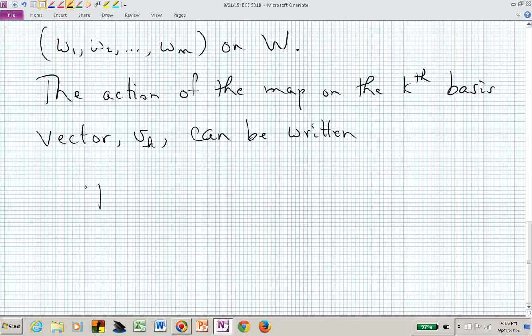By that I mean we have T operating on v sub k is now a sub 1,k w1 plus a sub 2,k w2, on up to a sub m,k w sub m. So I'm double subscripting. I shouldn't have used k. I can't do lowercase k's very well. Maybe I should have used an L, but those are supposed to be k's.